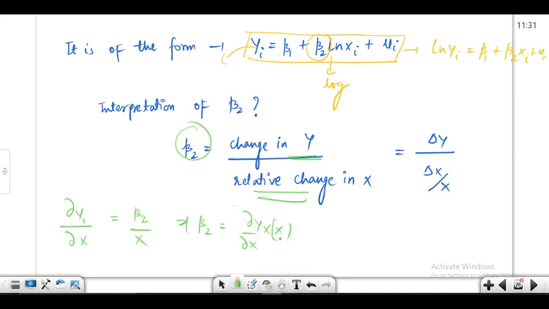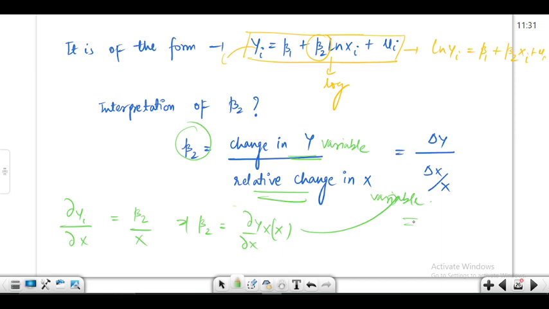If you rearrange this, you will get this. So beta 2 is representing a change in the y variable for a relative change in the x variable. I hope this is understood. You'll have to see this video in relation to the previous video, and that is how your understanding of this model will be better.